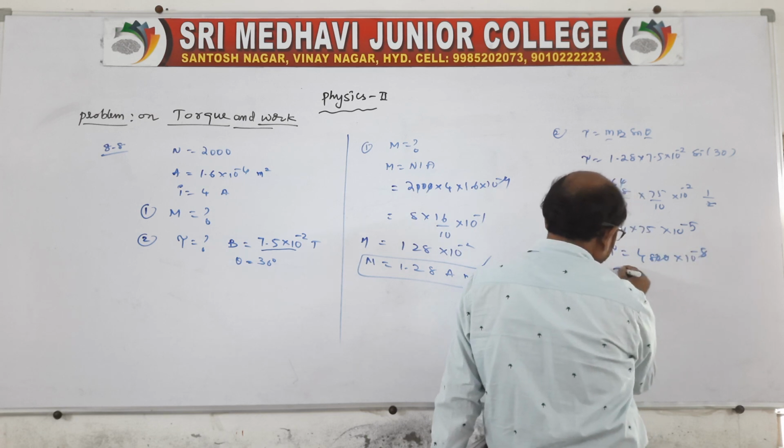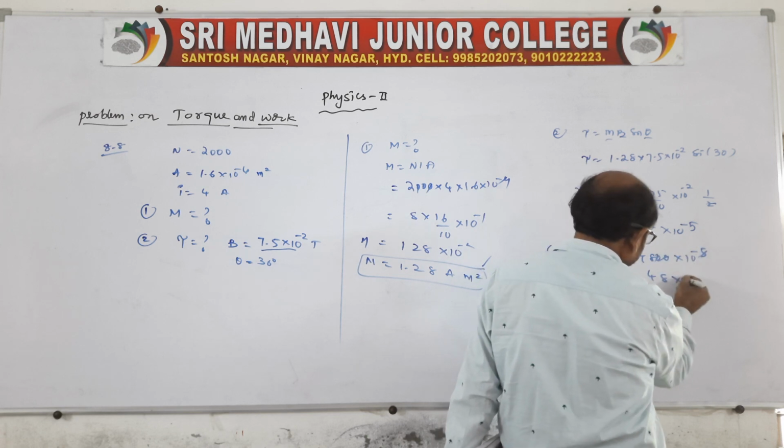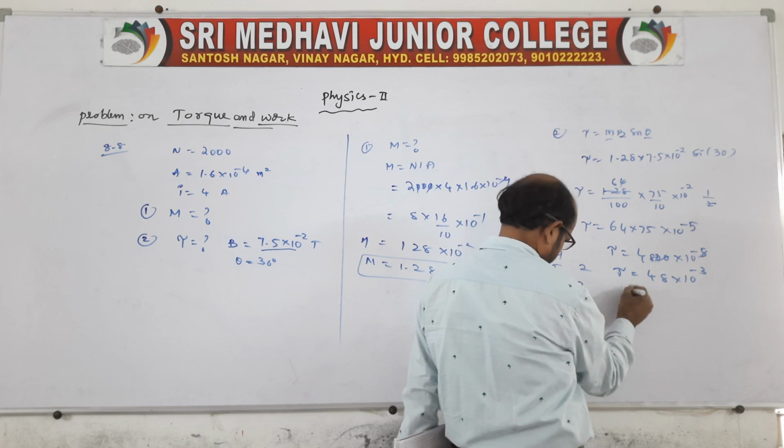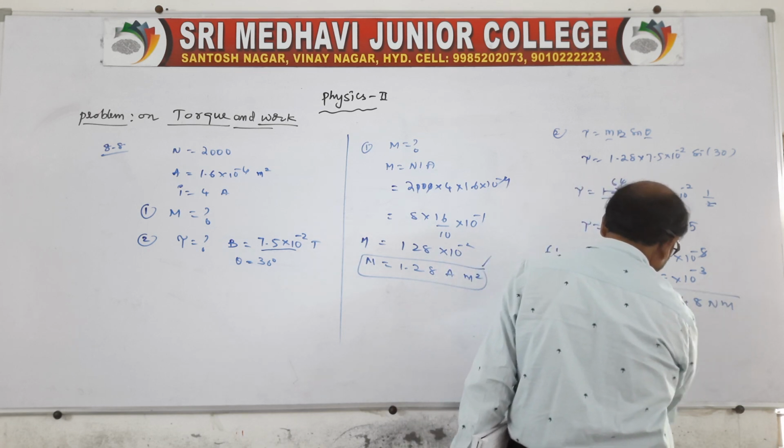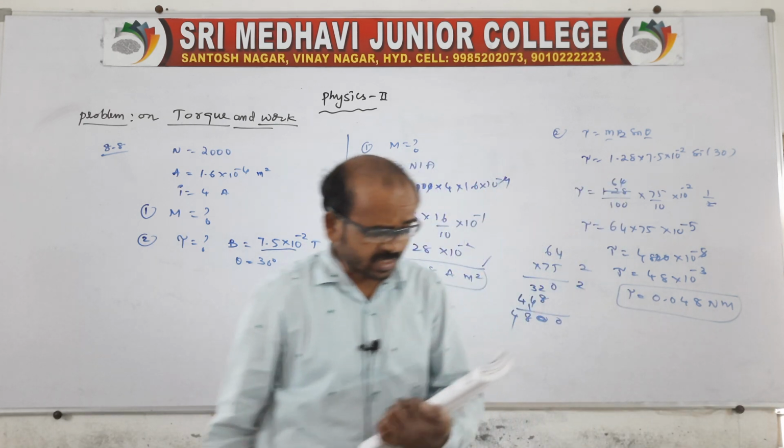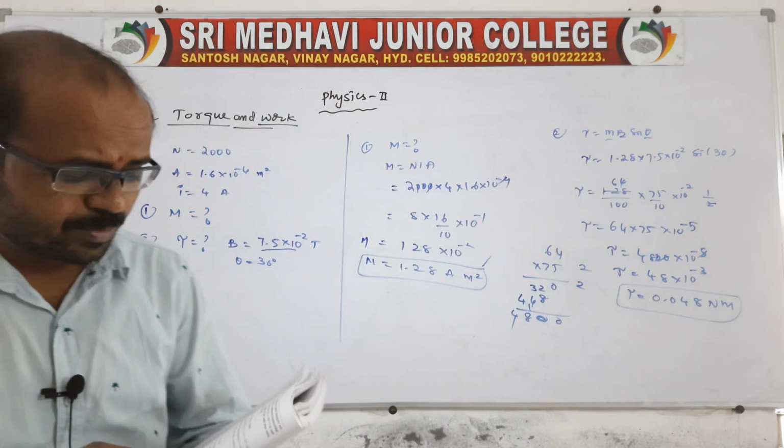So torque is equal to 48 into 10 power minus 3, 0.048 Newton meter.